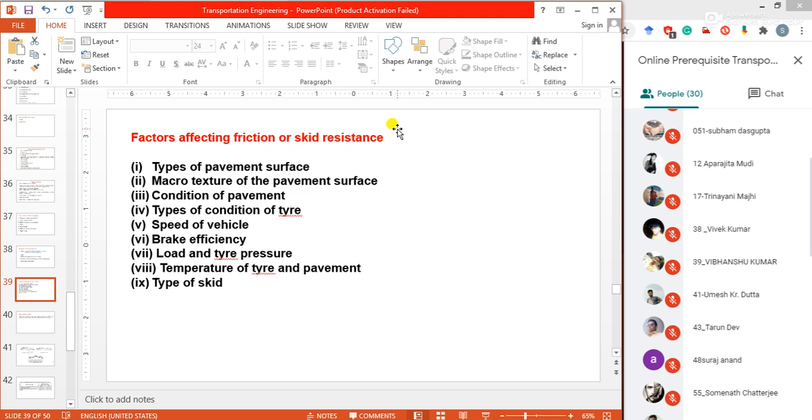But on wet pavements, new tires with good treads give higher friction factors than worn out tires. This is because the lubricating effect of water on the wet pavement is reduced, as water entrapped between the tire and pavement escapes into the treads of the tire.